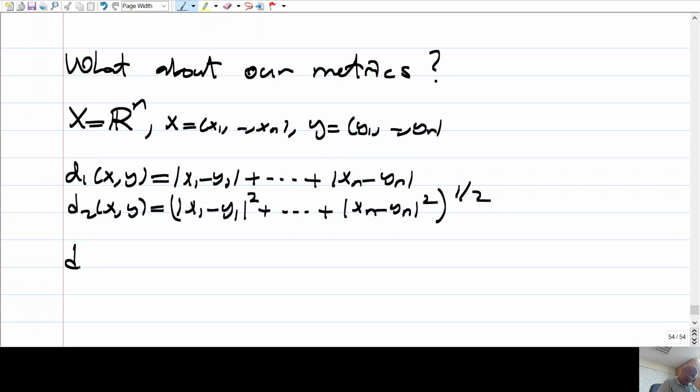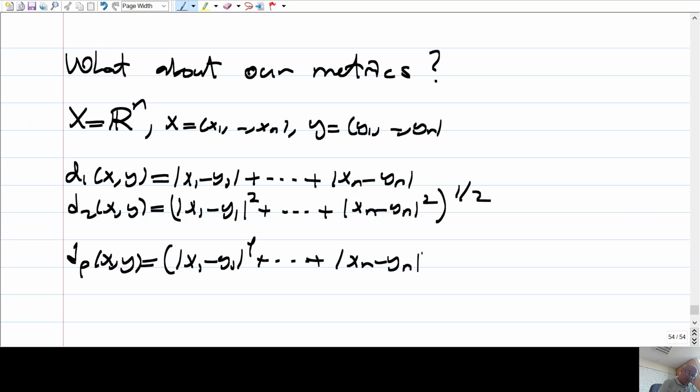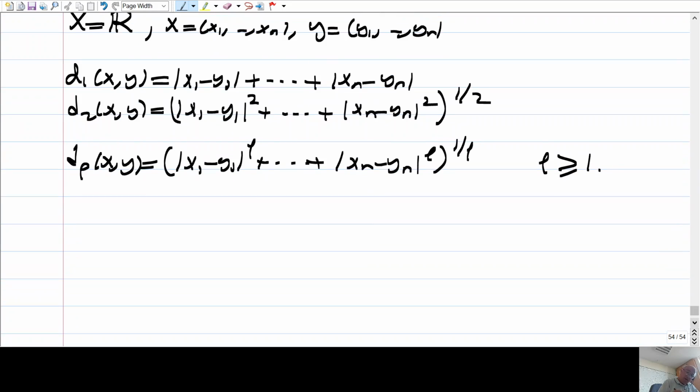And D infinity, actually we have D rho, maybe I write D rho xy. This is the sum of |x1 minus y1| to the power rho up to |xn minus yn| to the power rho, all to the power 1 over rho. Here rho was larger than 1. And we have D infinity xy. What was this?